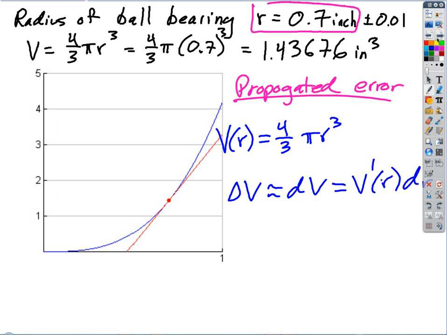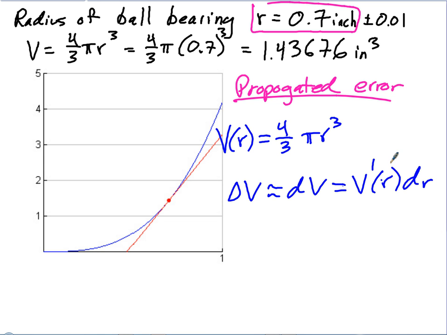So the approximate change in the dependent variable equals the derivative of the function times the incremental change in the independent variable, r, dr. We can see what r is, and we can plug in the other parts of V up here, but what's the dr?